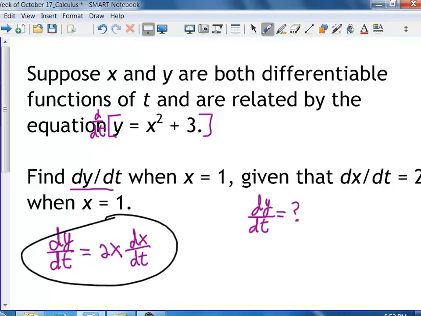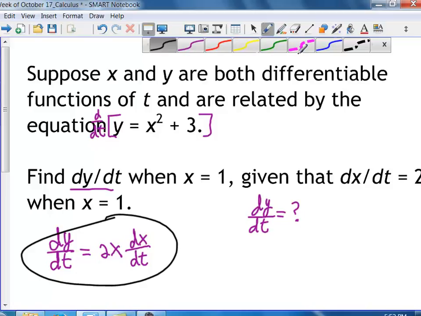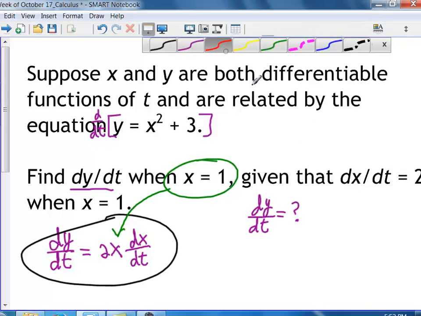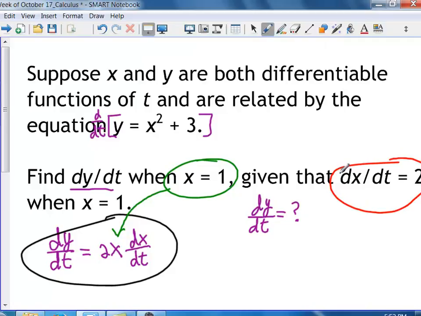And now it looks like they're giving us some helpful info that we can plug in to figure this out. Do I have a highlighter? I don't know. Okay. Well, it looks like x is 1, so we'll put that there. And it looks like dx/dt is 2, so we'll put that there.